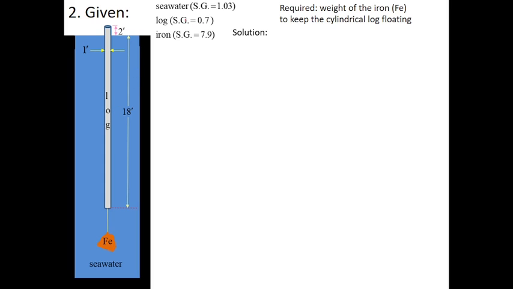Considering that the seawater has a specific gravity of 1.03. Fresh water at 4 degrees Celsius is 1, but when we talk about seawater, its specific gravity changes a little.